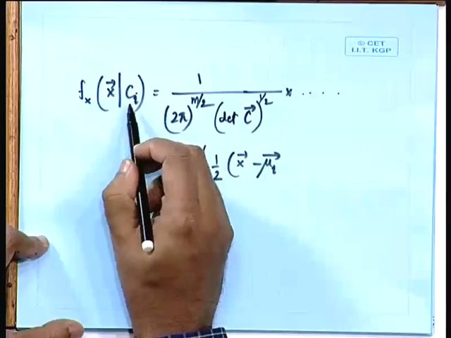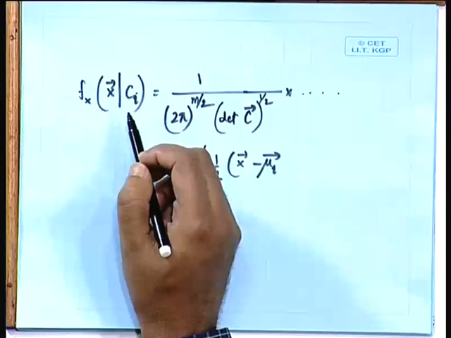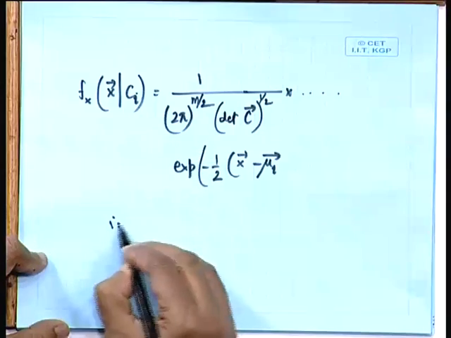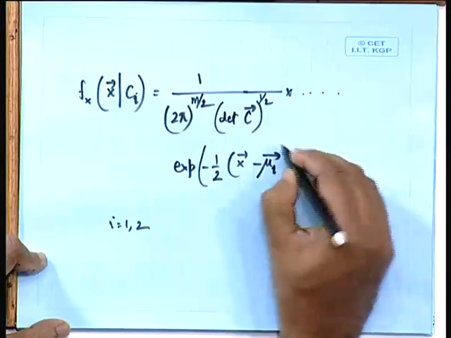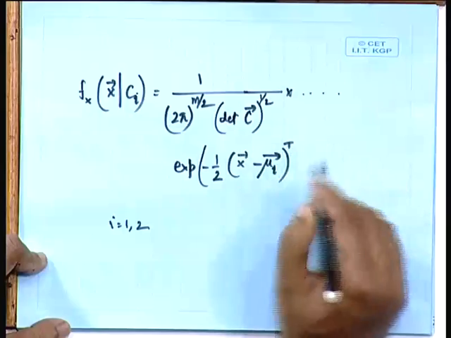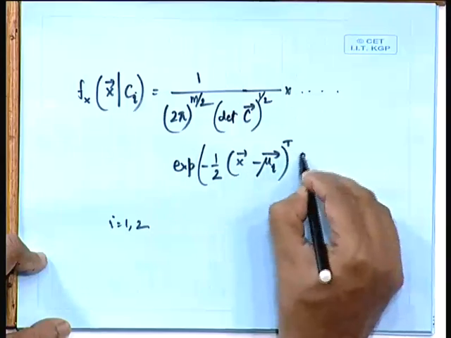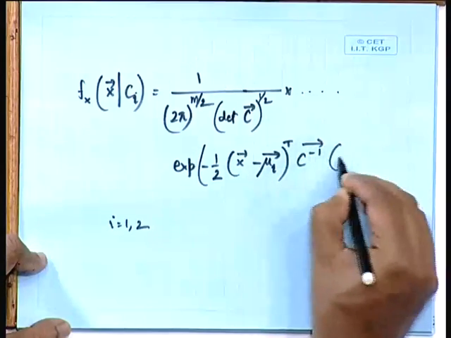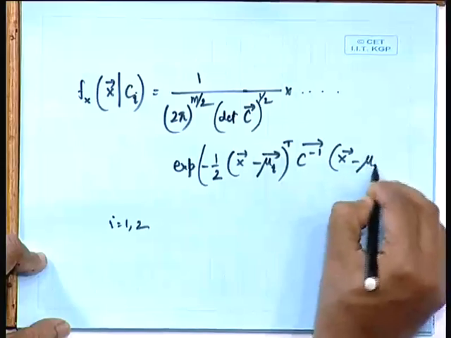Here I am putting Ci so that this will be valid for the i equal to 1 and 2 class problem.